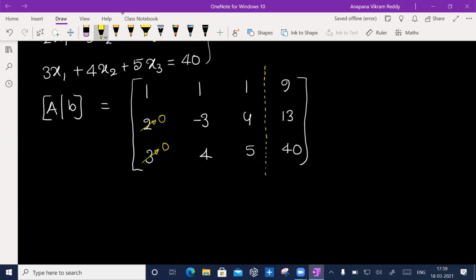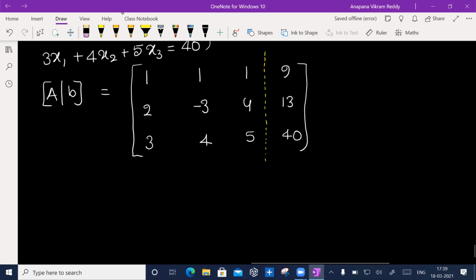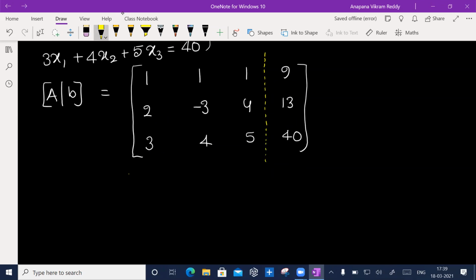Because you have to convert that A matrix to a diagonal matrix. That means you must have only principal diagonal elements, and the remaining off-diagonal elements must be 0. So how do you do that? I'll take my row 2.